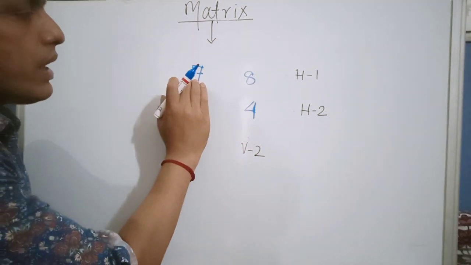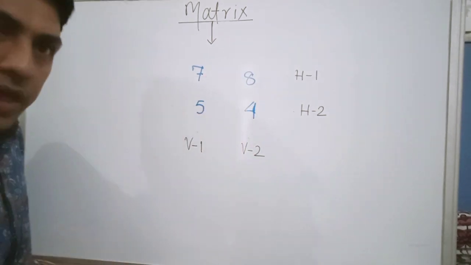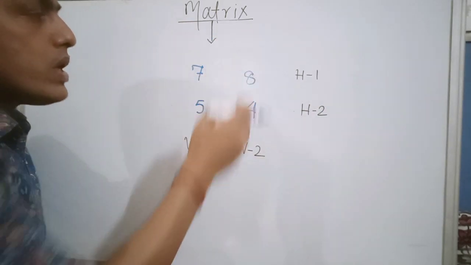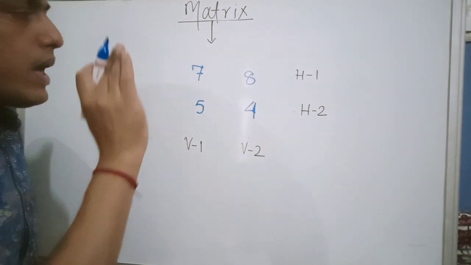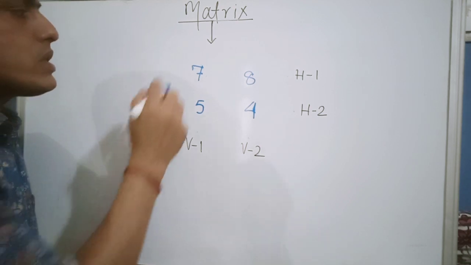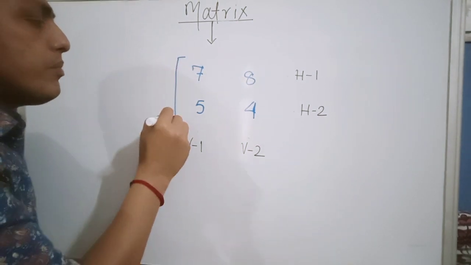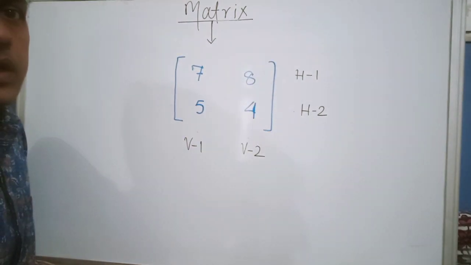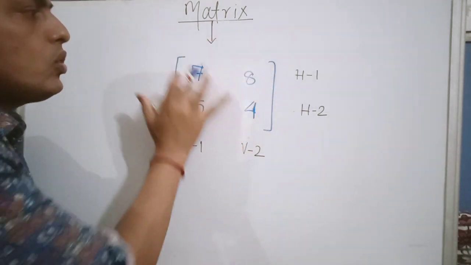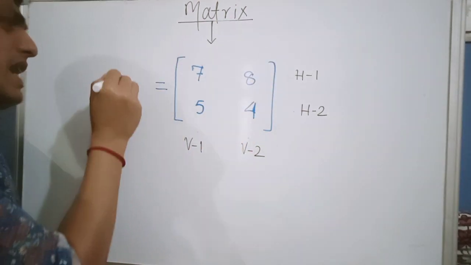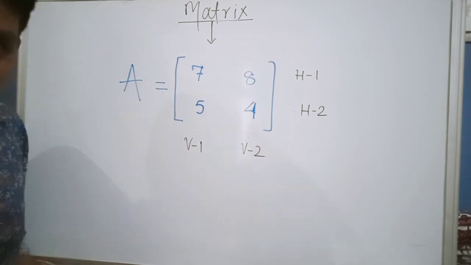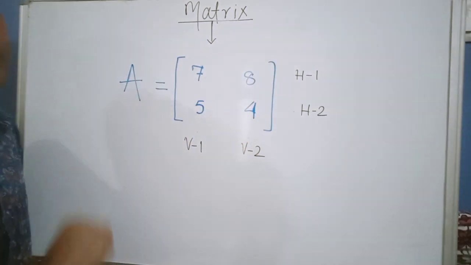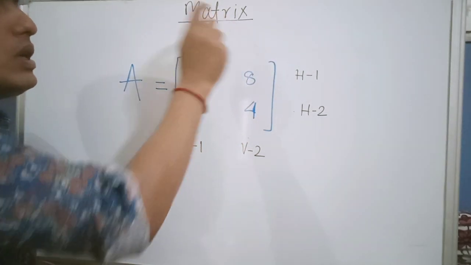So we have arranged the numbers in horizontal and vertical formats, and after arranging these numbers, enclose them in a square bracket and give the name of the whole representation by any capital letter. So this representation of numbers is called matrix.